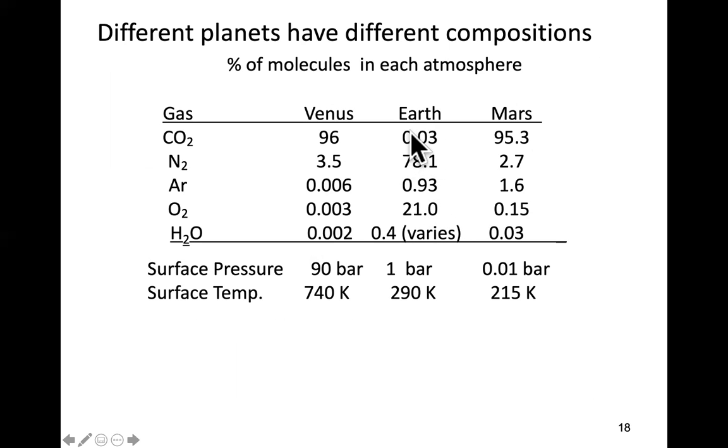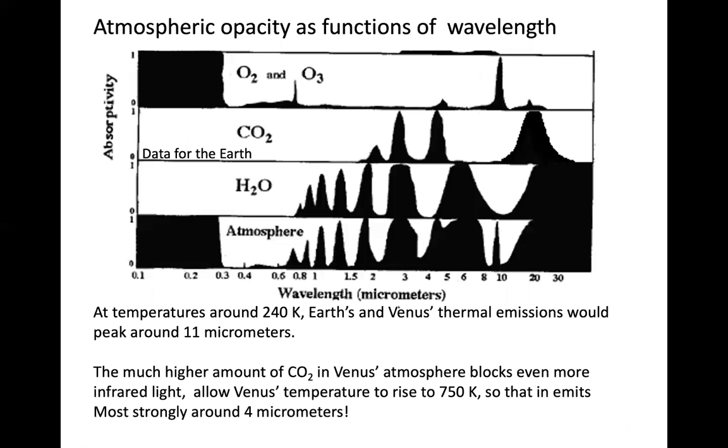There's a little bit of carbon dioxide and a little bit of water, which are enough to affect our temperature by some amount. Venus's atmosphere is 96% carbon dioxide, which means the greenhouse effect on Venus is very effective.